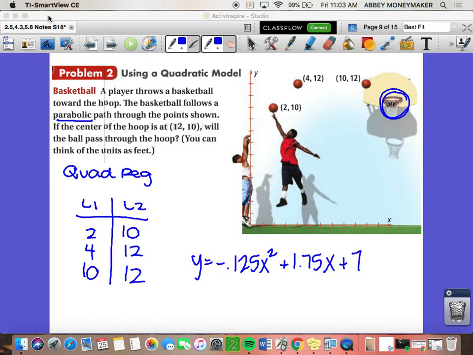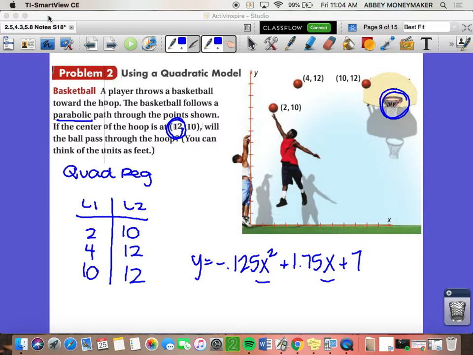Okay. So now, from here, you can determine whether the ball is going to go through the hoop or not by doing what? Yes. Plug in 12 into your equation. And then you'll get out a number, yeah? What's that number going to tell you?